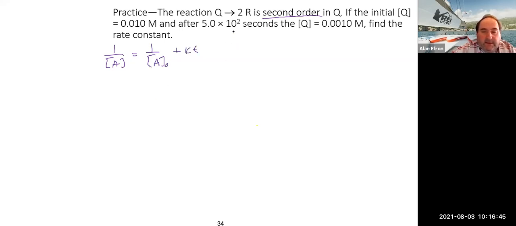And if we go through here, we do have our initial concentration, which is 0.01. Our time is, I call that 500 seconds, I think. And our final concentration here of Q, which ended up at 0.0010.